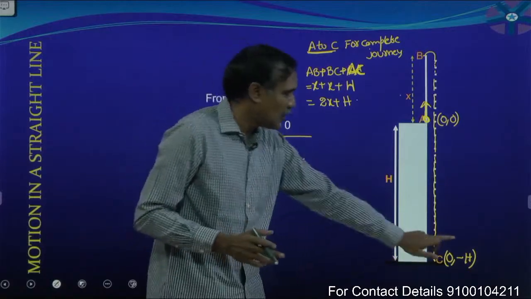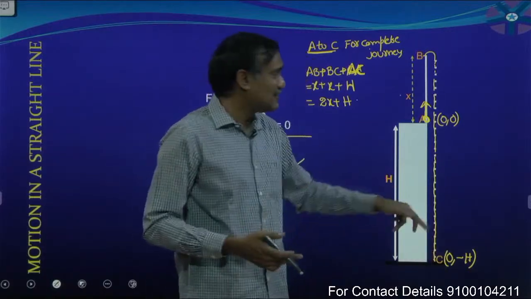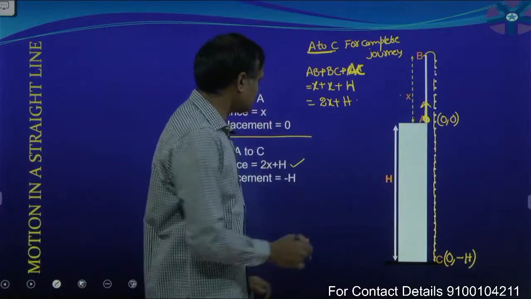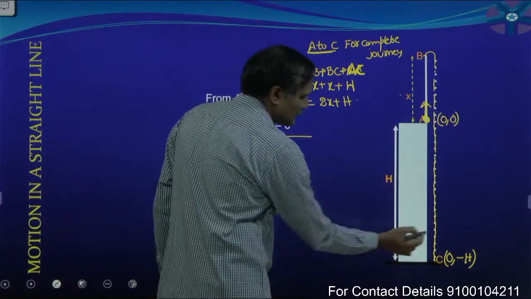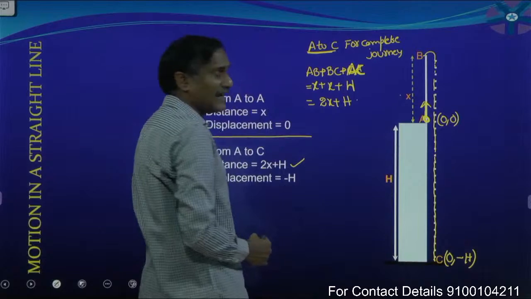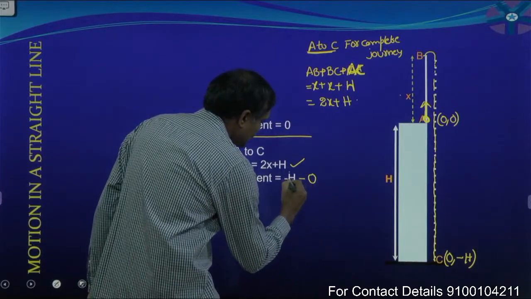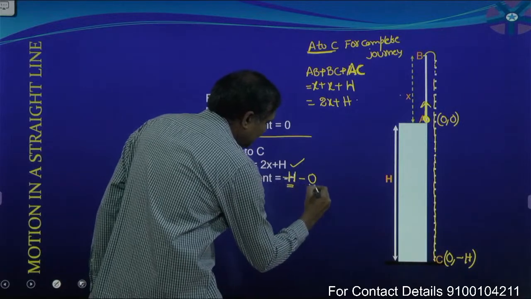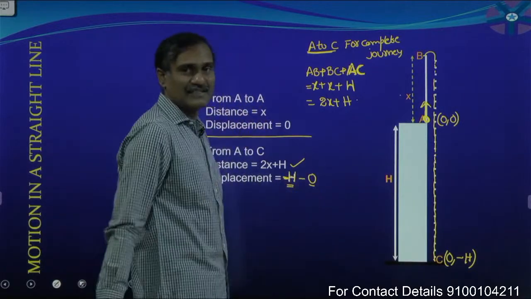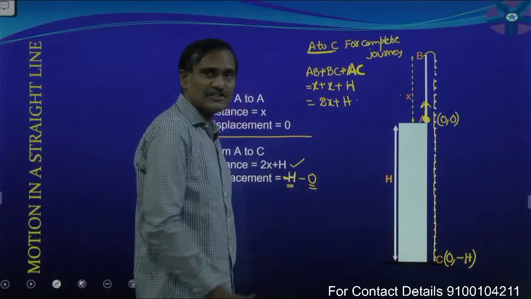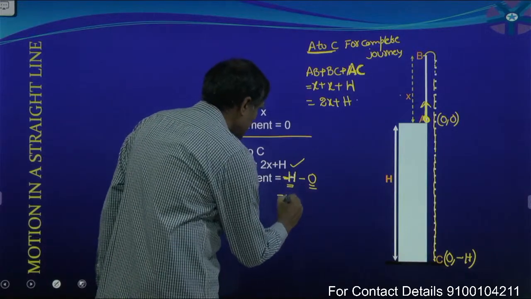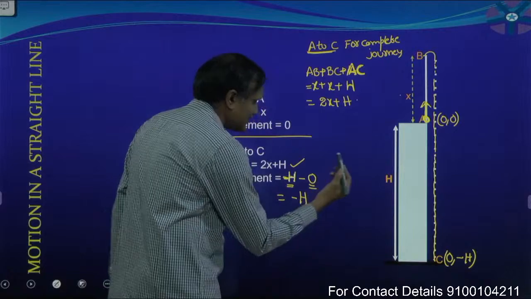Final position is minus h, initial position is 0. Therefore, displacement is minus h minus 0, that is, final position minus initial position. Remember that it is final position minus initial position. Therefore, displacement becomes minus h.